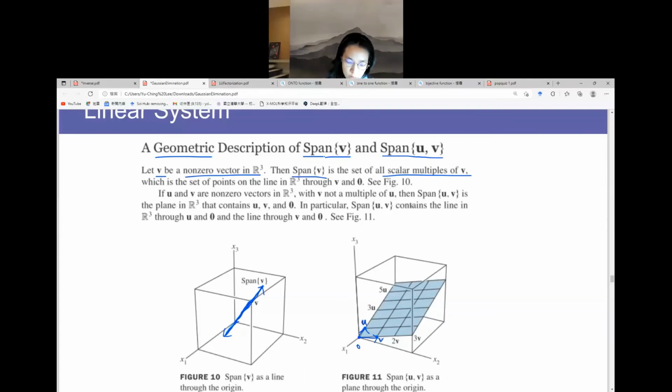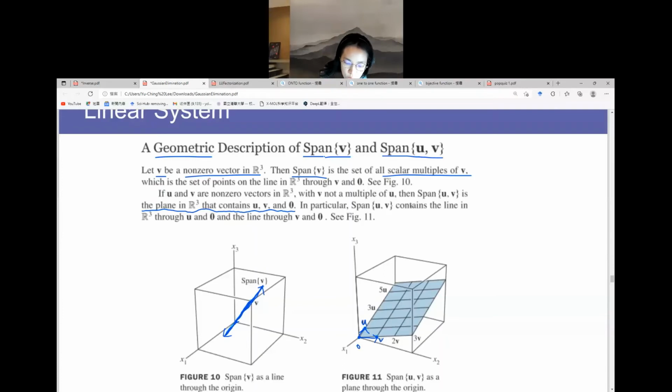So basically, it will be the plane passing through these 3 points. Okay, the plane in R3 space that contains u, v, and 0, because everything on this plane can be spanned by u and v, and then you can select scalars to form those linear combinations.